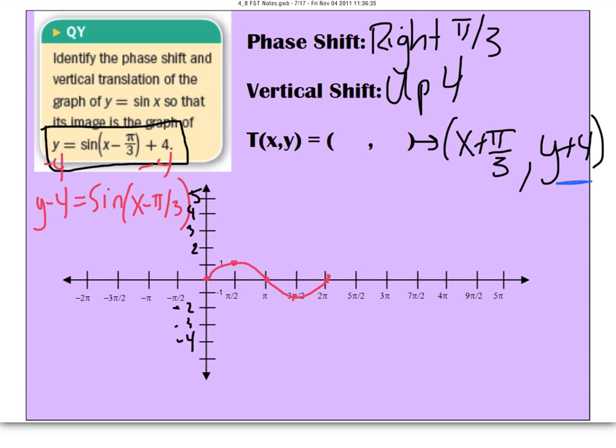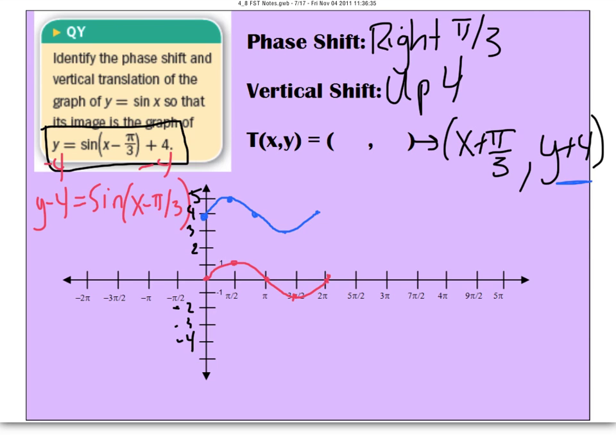So I'm going to take all the ordered pairs that I see and move them up 4. This first one's at 0, I'm going to move it up 4. This one's at 1, I'm going to move it up 4. This guy's here. This one moves there, and the last one is going to be right there. So this blue sketch here represents just the vertical shift.